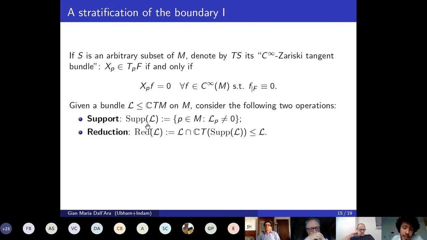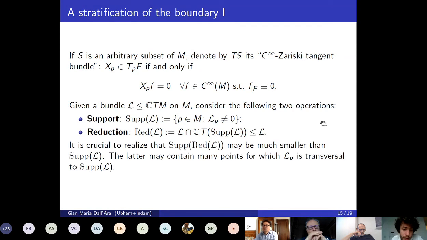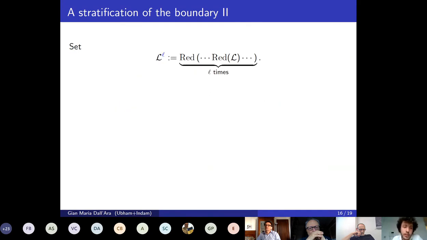At any rate, this is an operation that, given a distribution L, associates to it a smaller distribution rad of L. It's crucial to realize that the support of the new distribution may be much smaller, because I'm removing all points where the distribution is transversal to the support of the distribution itself. And then one may iterate this procedure.